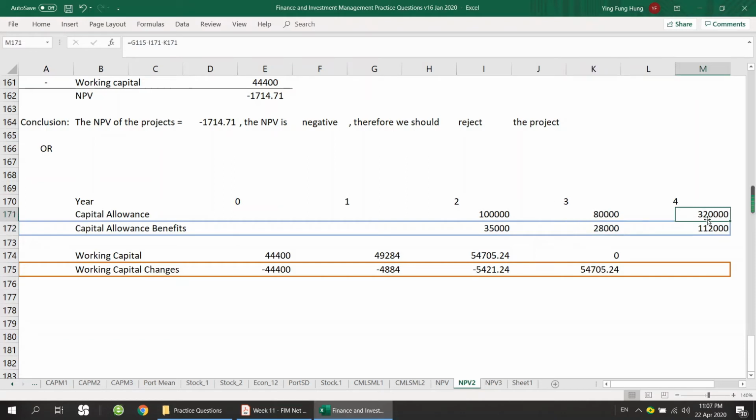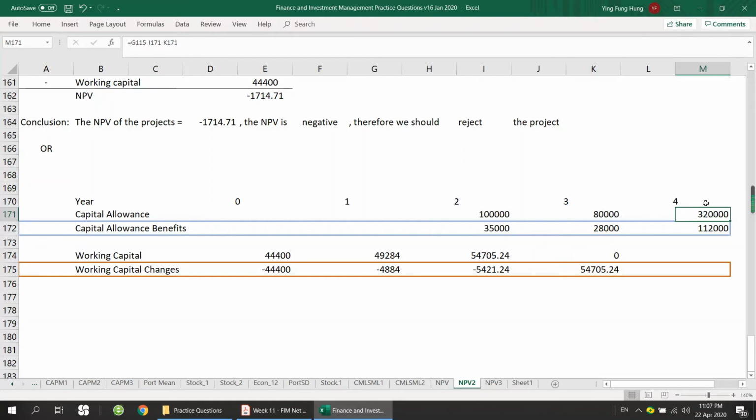For the third year, since we are going to sell the machine already, and in the question we assume that this machine will go out of date in year 3, and there will be no scrap value after year 3. So in this case, if you still remember, the cost of the machine is 500,000.